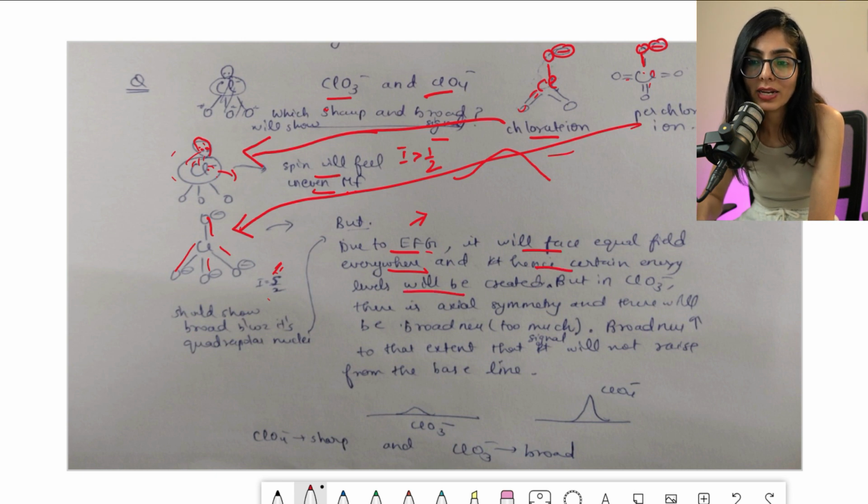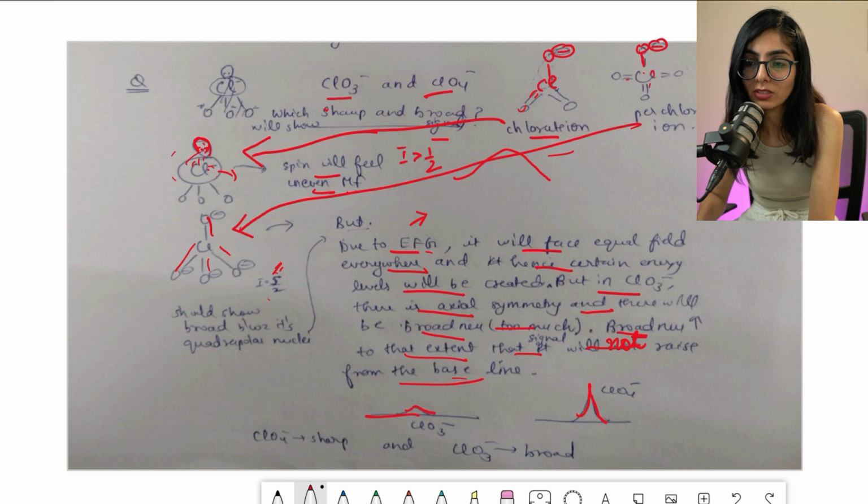But in ClO3 minus there is axial symmetry. You can see over here there is axial symmetry, and there will be broad signal, there will be broadness, and broadness increases to that extent that signal will not rise from the baseline. It will not rise from the baseline. You can see signal will appear like this. When ClO4 minus, it will be like this.